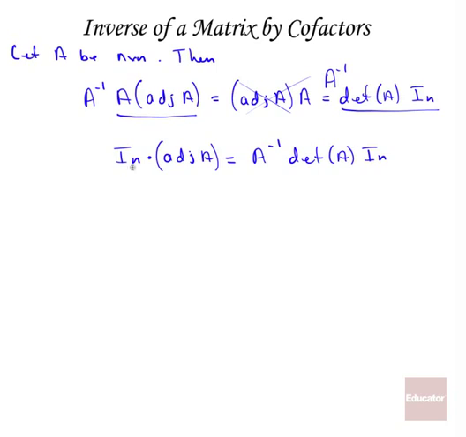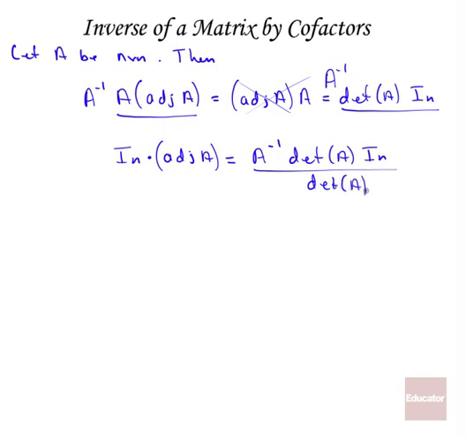The identity matrix acts like a 1. When we do 5 times 1, we don't put that 1 there, we just say it's 5. So for all practical purposes, we can ignore these. And now, since the determinant is a number, I can divide both sides by that number.